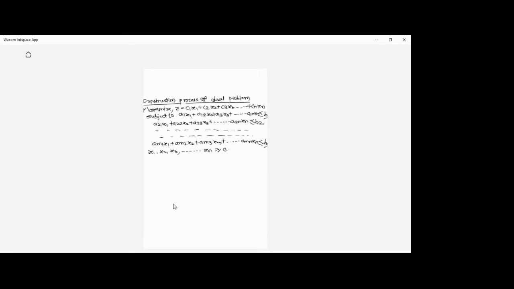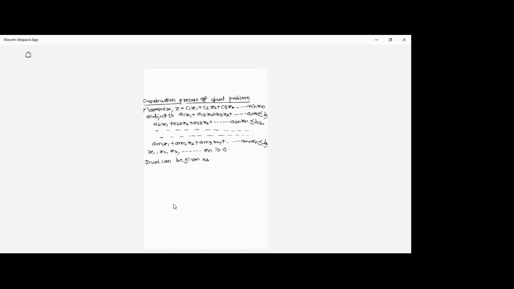Now the above problem is the primal, so the dual can be given as follows. I'll just write it, and after that we can discuss the simple rules to remember, and you'll find it very simple then.